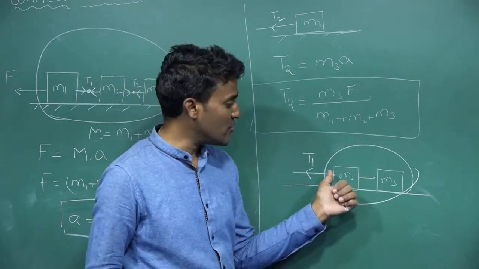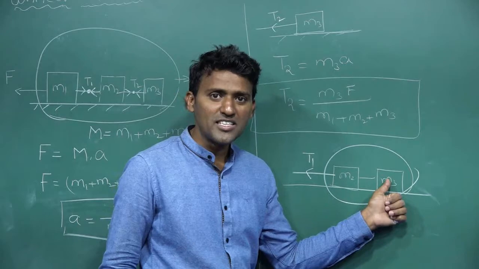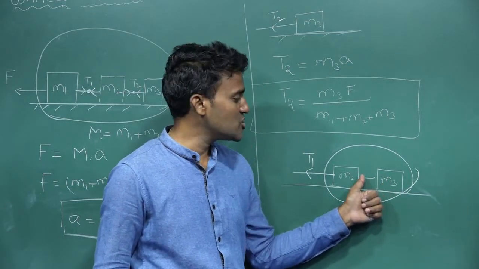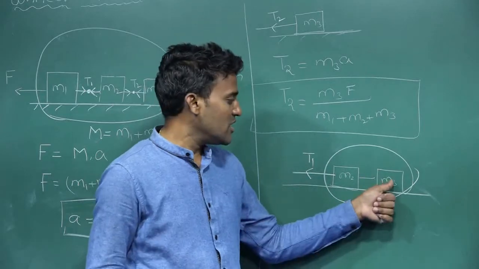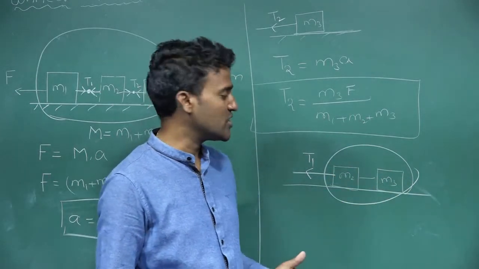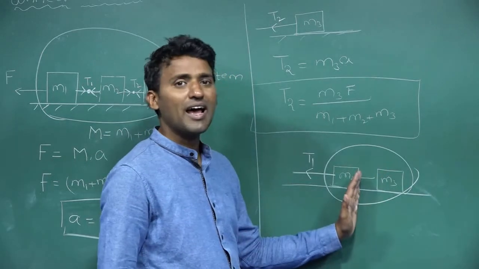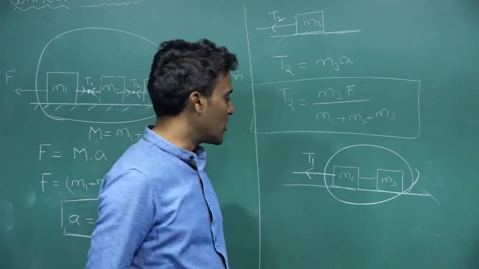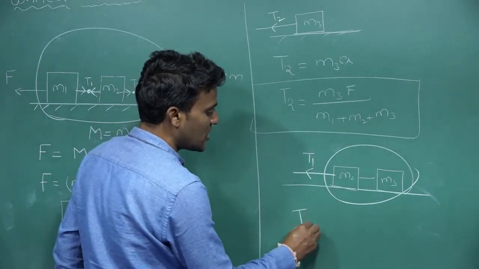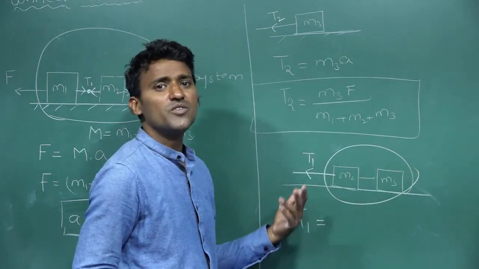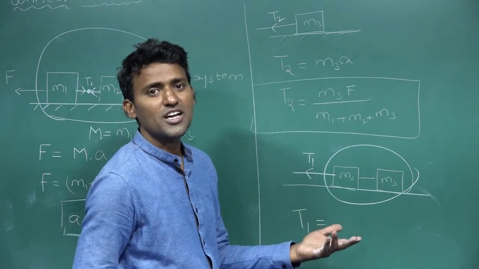When I consider M2 and M3 as one system, there is no discussion of the tensional force between these two, because here I am considering them as one body. So T1 is equal to, as there is no opposing force, according to Newton's second law, MA.